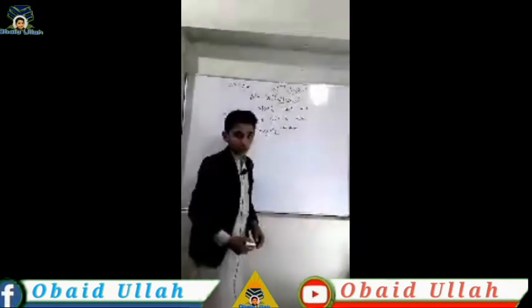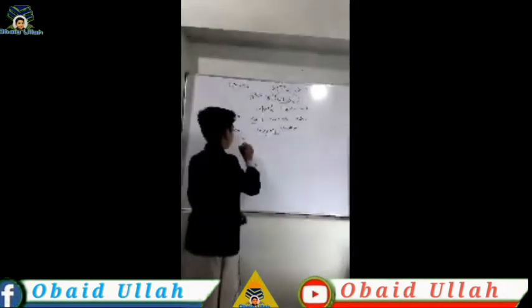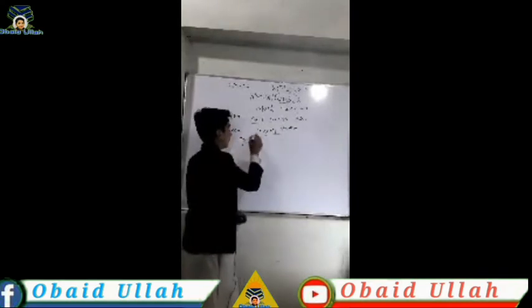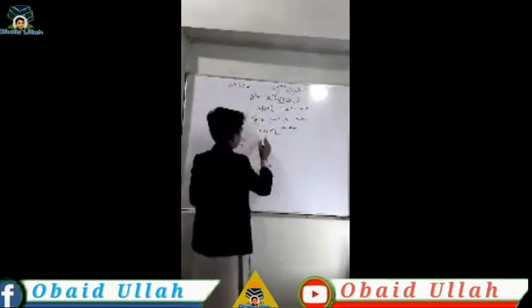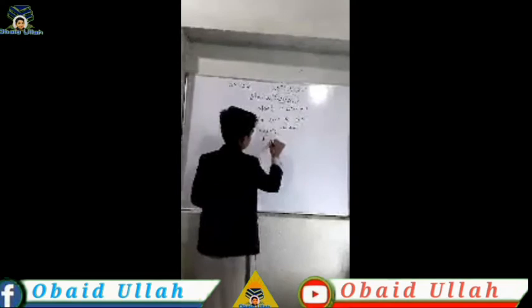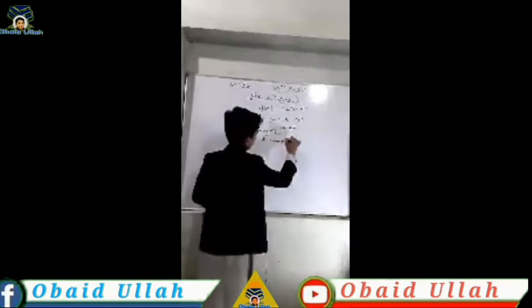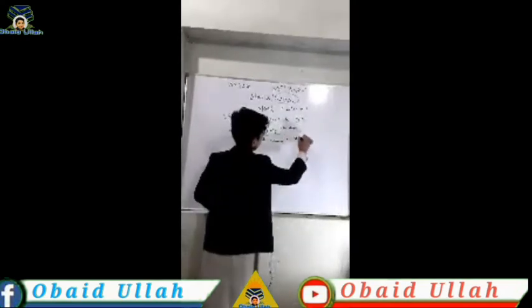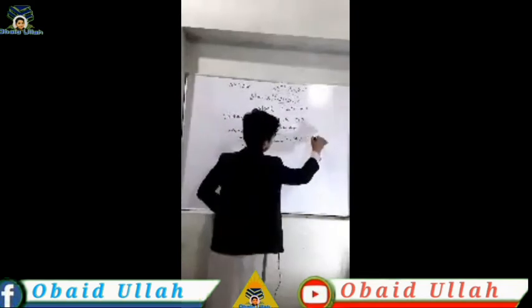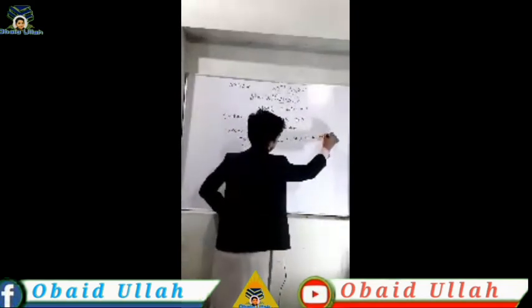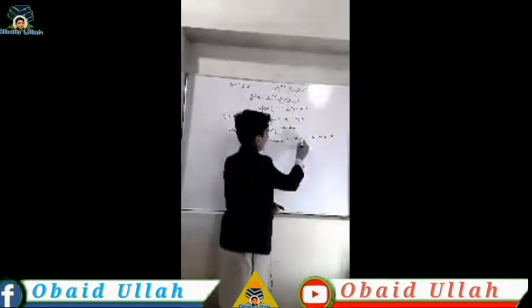Let me give an example, then you will understand it better. What's the definition of would? Let me give an example: it would be nice to buy a new car.